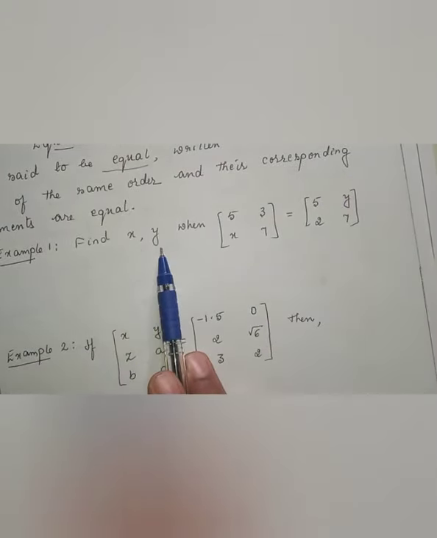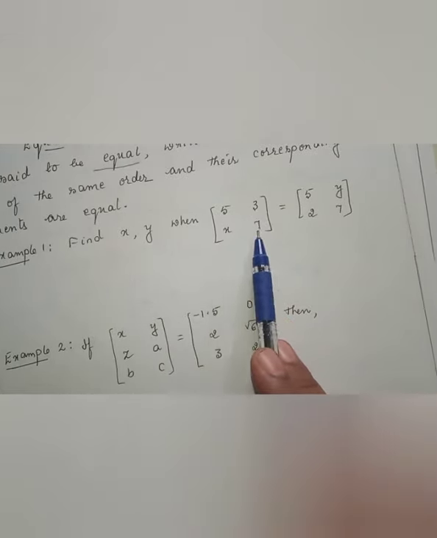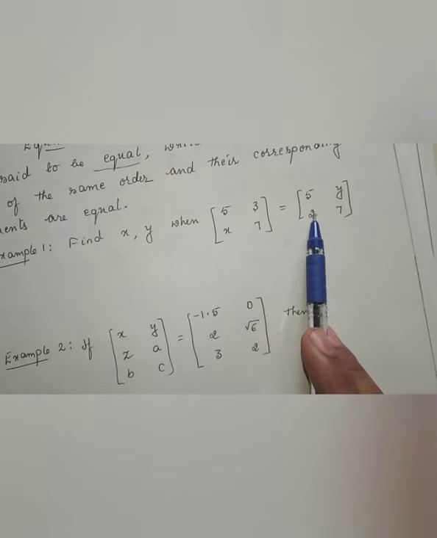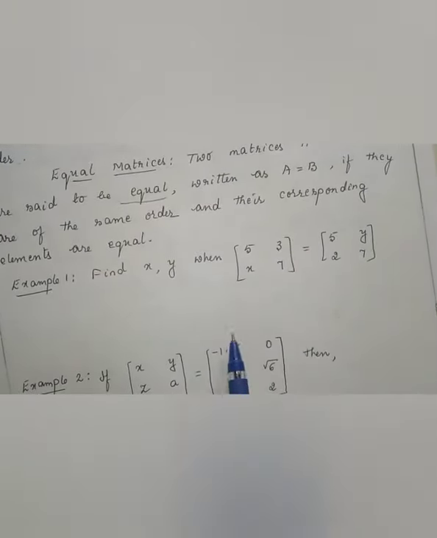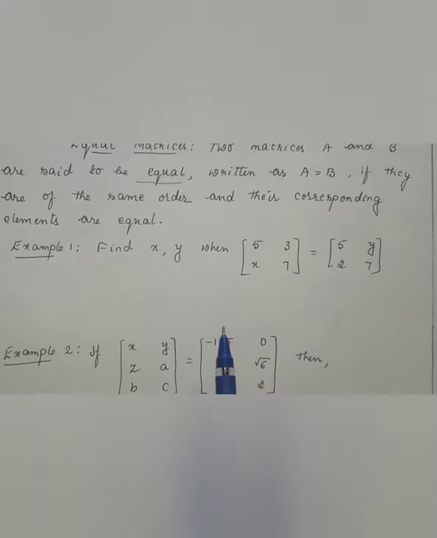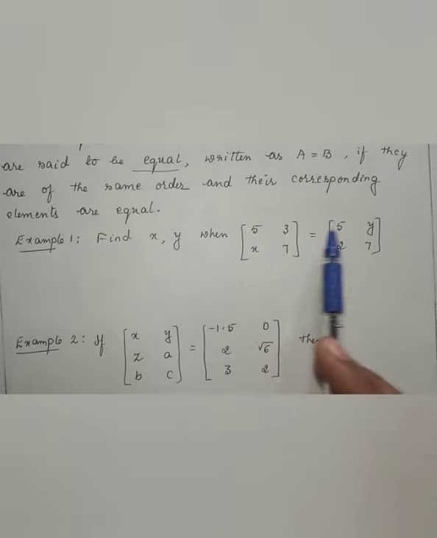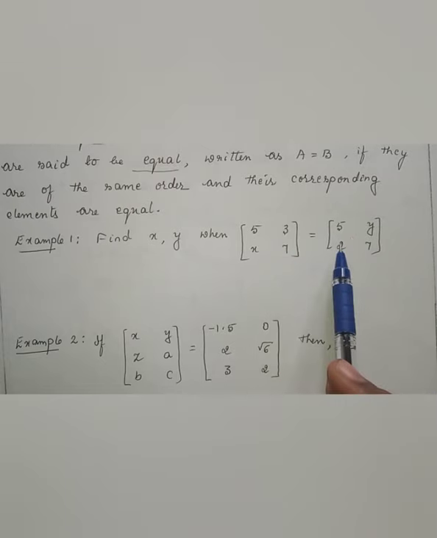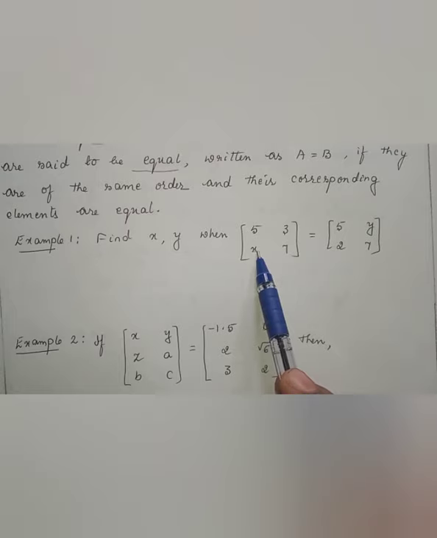Find X and Y when the matrix 5, 3, X, 7 is equal to another matrix. The condition given is that the two matrices are equal. We have to find out X and Y here. We know the condition: if two matrices are equal, first we have to check the order of the matrix. Here both the matrices are 2 by 2 matrices, and we compare the corresponding elements of each matrix.